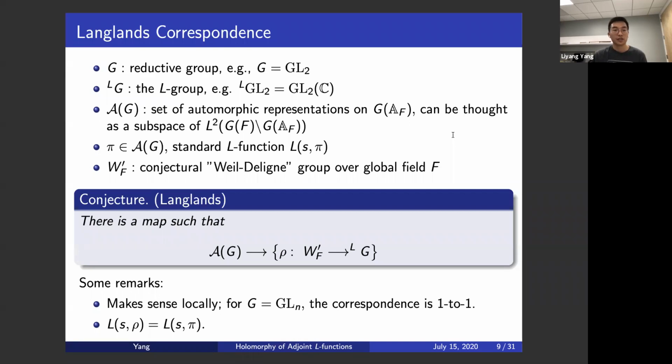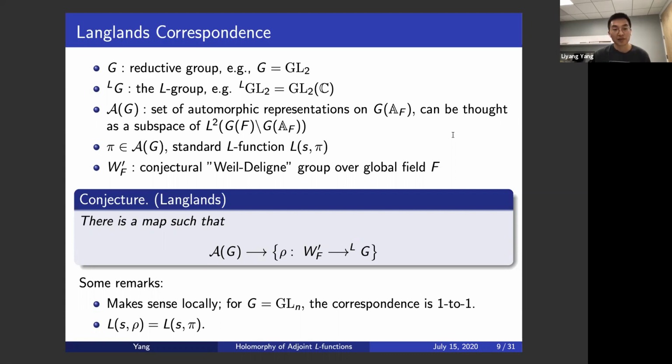For GL2 it is just GL2 of C. Let A(G) be the set of automorphic representations of G(A), and you can think of this as a subspace of the L2 functions on the automorphic quotient of G. We'll take pi to be an automorphic isobaric representation, or you can think of it just as a cuspidal representation, and then we can look at the standard L function of pi.